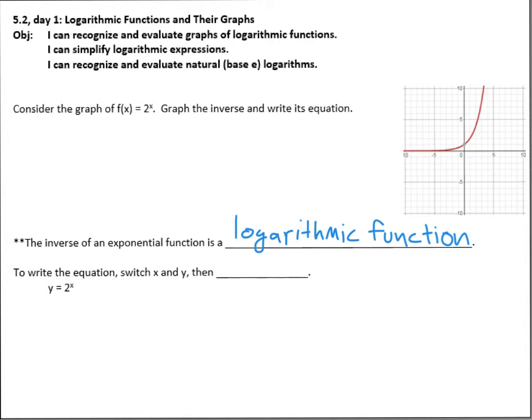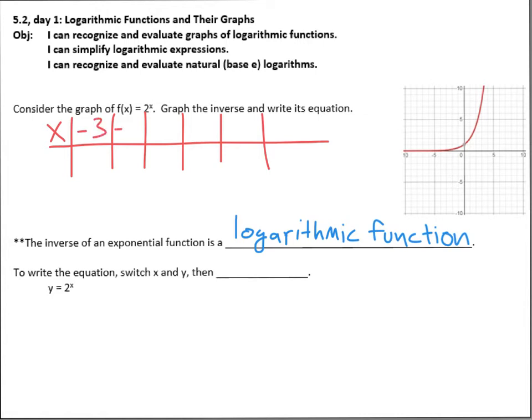Okay? So let's whip out a little table for it. You've already got the graph there, and I think somewhere along the way in 5.1, with a table of values, we produced a sketch of it.